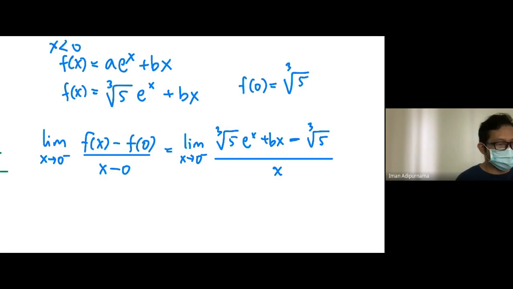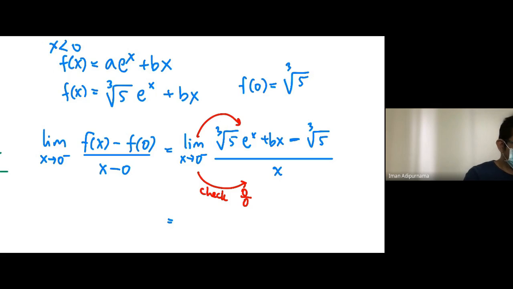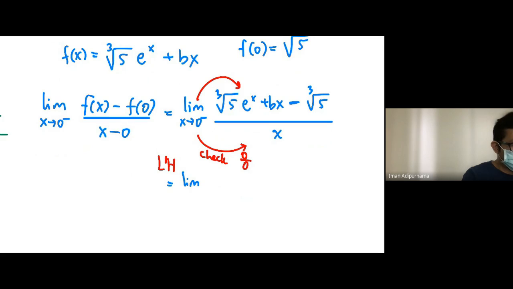Okay, check the conditions, and of course you check here. We check that it is a 0 over 0 situation. That's why we can take the L'Hopital. The bottom one is just 1, so we can forget about it.